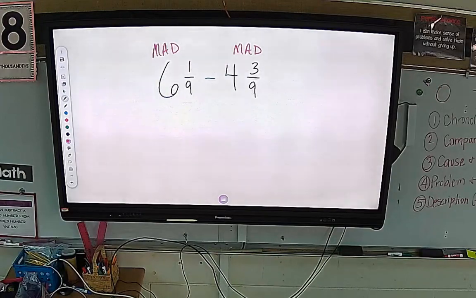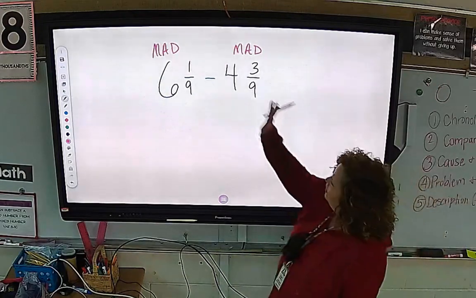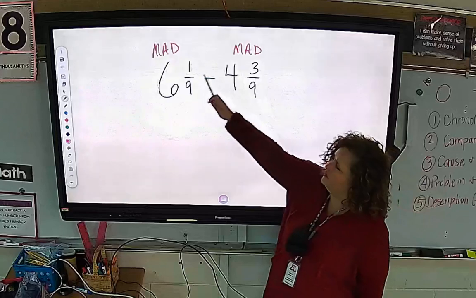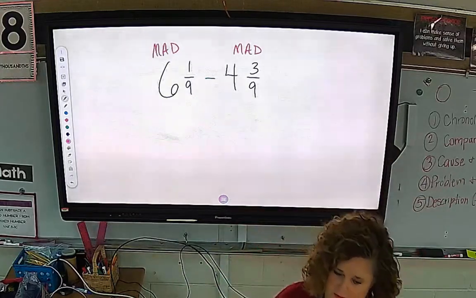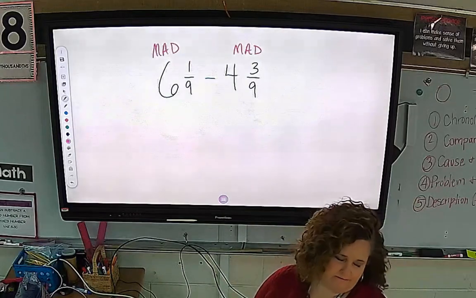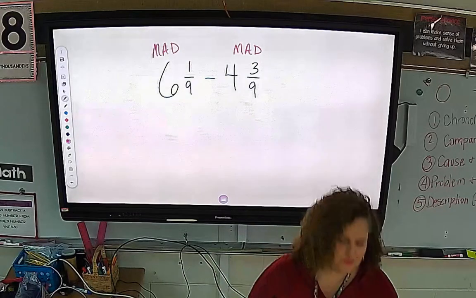My quick pause tells me I can't take 3 away from 1, so I am going to use MAD and get those fractions changed to mixed numbers. Nope, not going to do that. I'm going to change those mixed numbers to improper fractions.